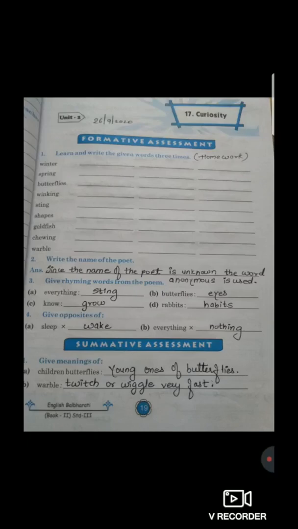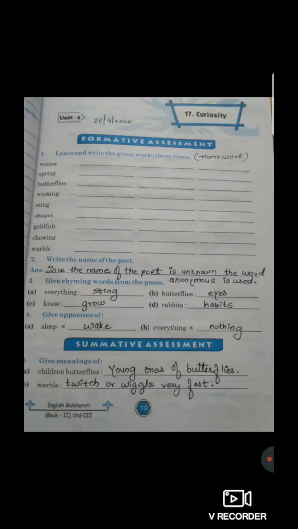Again I am repeating the same question so that you can write the answer very well. Give meaning of. Children, butterflies: young ones of butterflies. Wobble: shake or wiggle very fast. So we have completed the meaning part also. Now move to the next page.